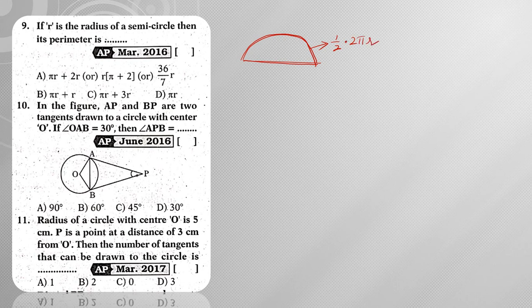So this curvature is half into 2 pi r, and this particular length is nothing but the diameter, right? Diameter means it is nothing but radius plus radius.